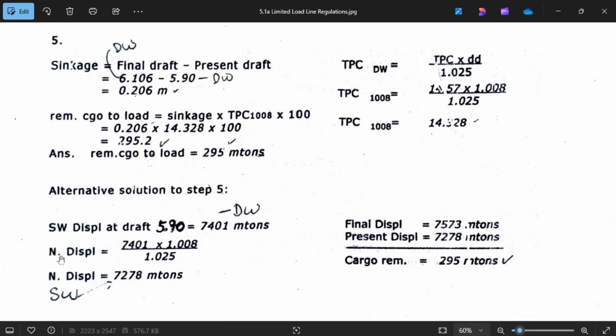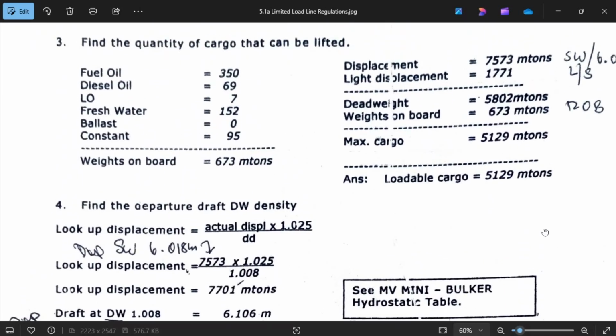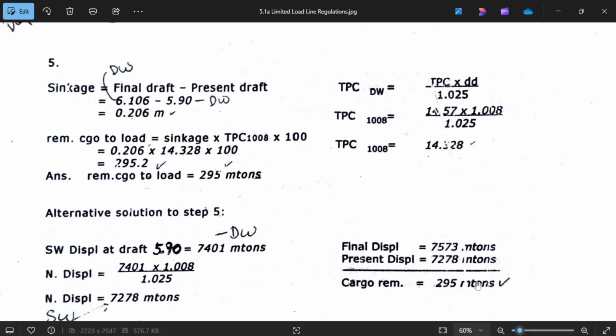That will be salt water. Since our departure displacement is 7573, okay, so 7573 minus 7278, that will be 295. We'll check, guys. 7573 minus 7278, that will be 295.